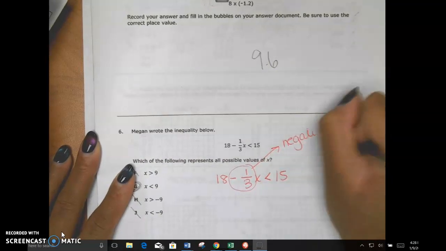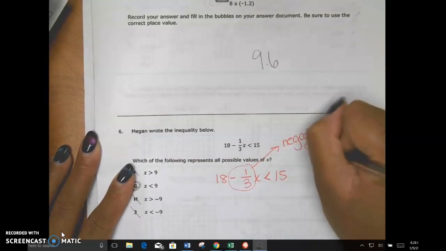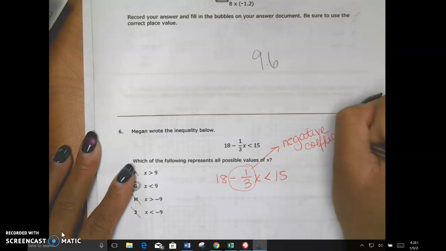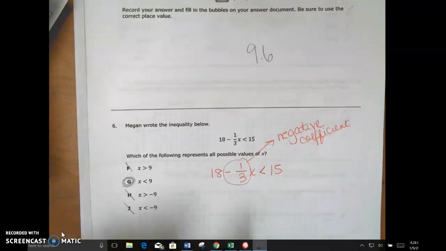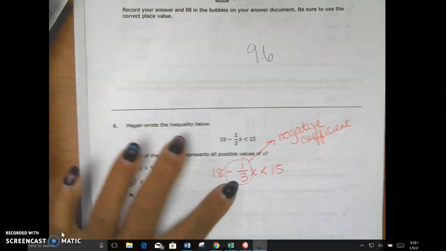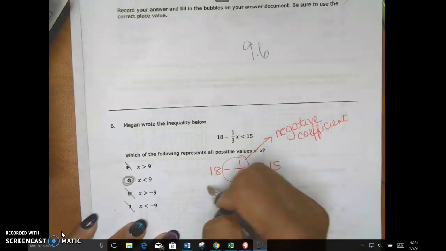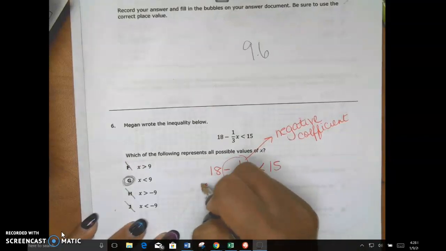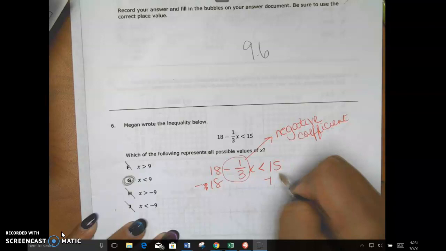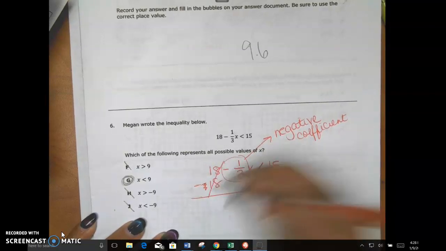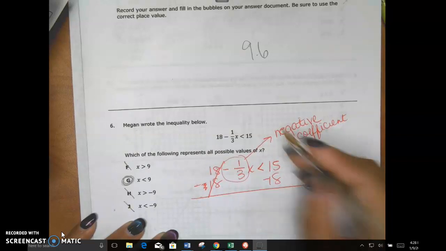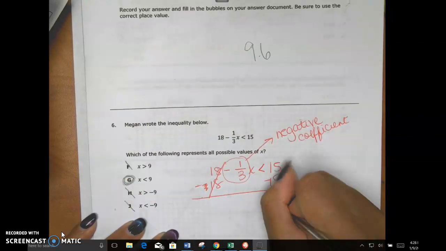I talked to you guys about negative coefficients when we solved equations and inequalities. You have to keep in mind that those are negative. I also mentioned this when we were reviewing for our exams. Okay, that's very important to keep in mind. So I need to subtract 18 from both sides because 18 is already positive. So I need to make it negative. 18 minus 18 is 0. It cancels out. 15 minus 18 is negative 3.